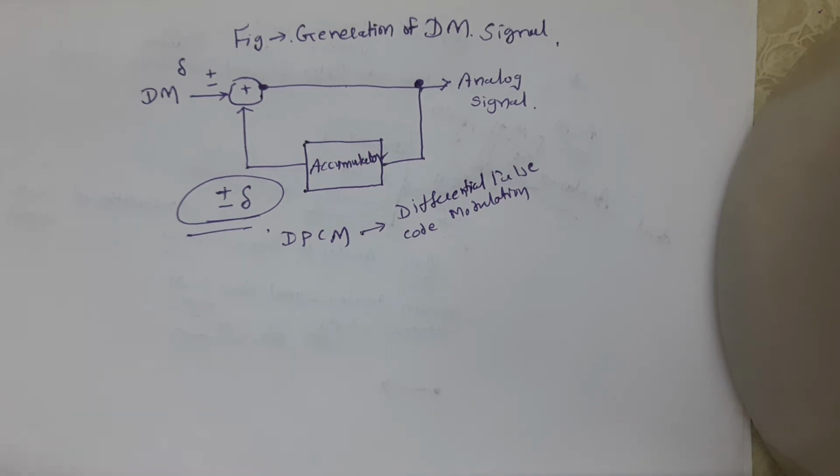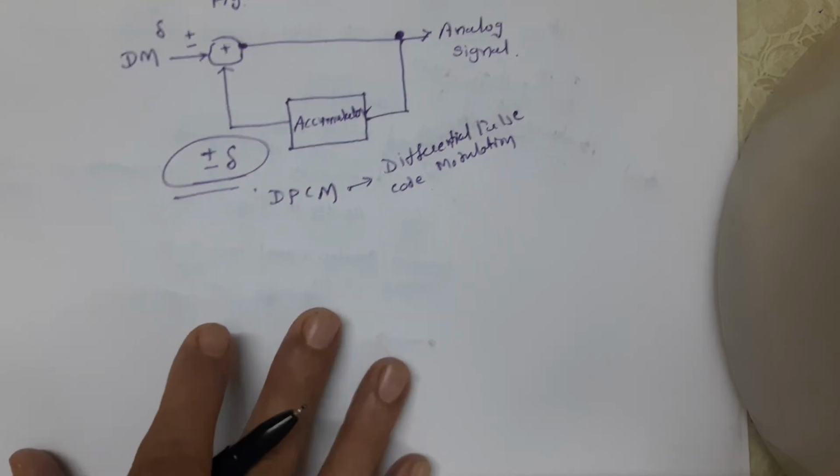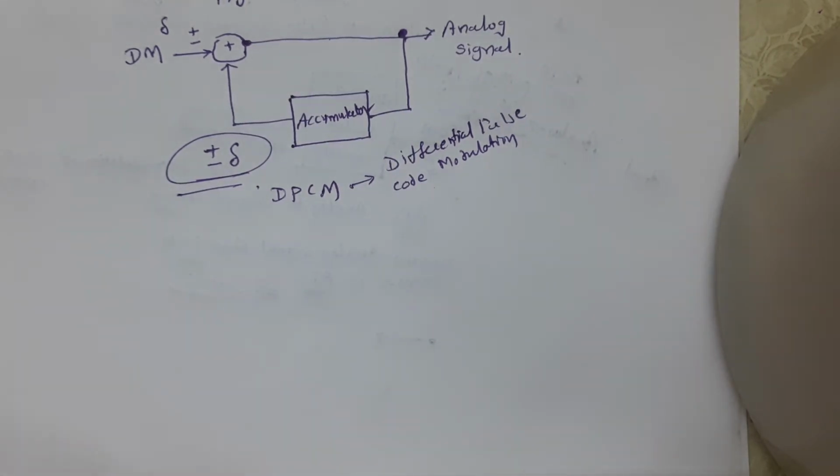So I repeat, the reconstruction of analog signal in case of DPCM is more involved and is illustrated in the figure given below. So we can see the figure of generation of DPCM signal.